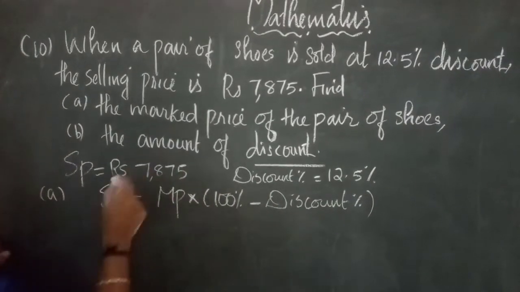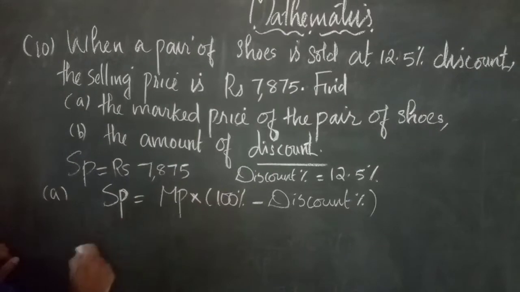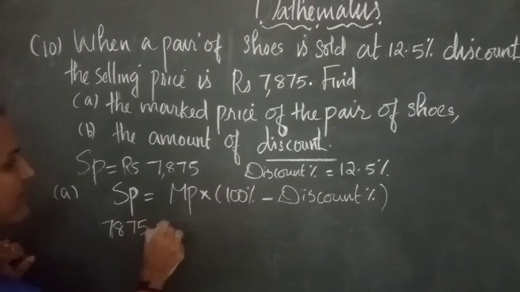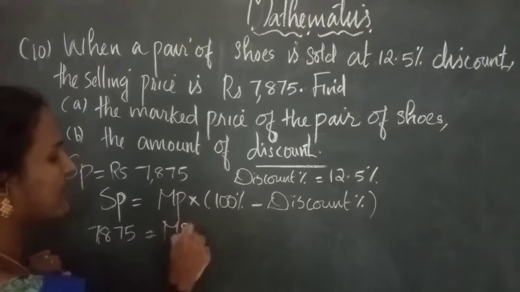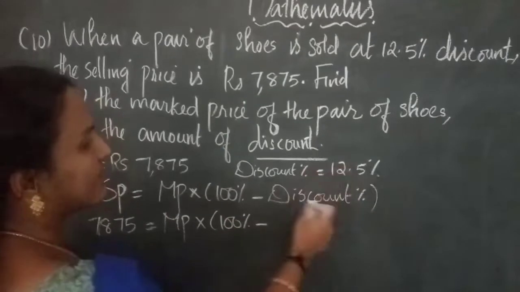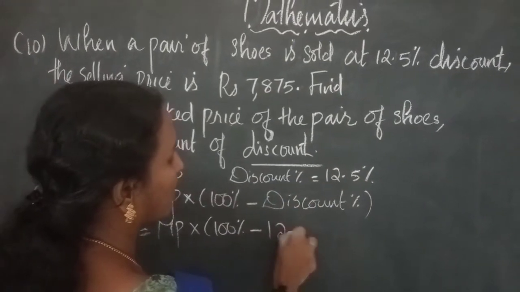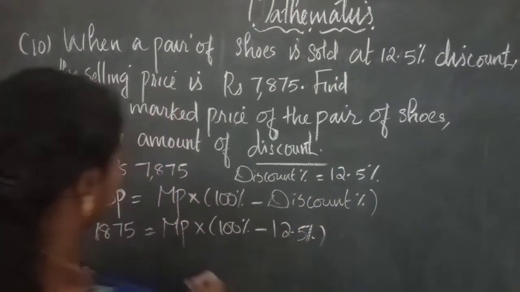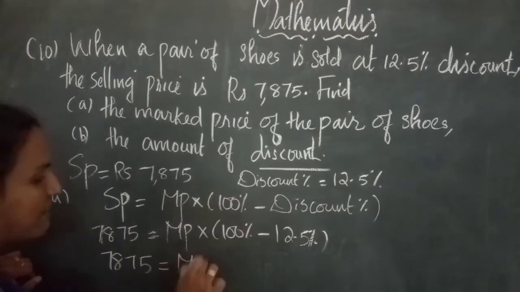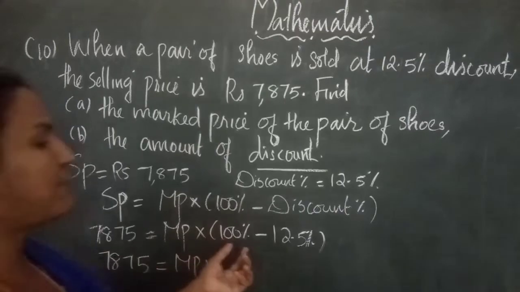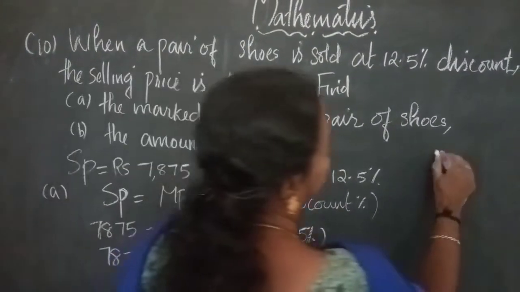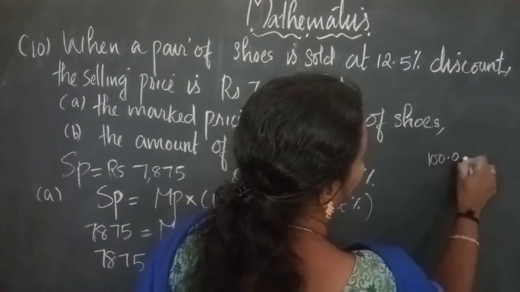Substituting the values of SP and discount percentage in this formula, 7875 is equal to MP into 100 percentage minus 12.5 percentage. 100 minus 12.5.